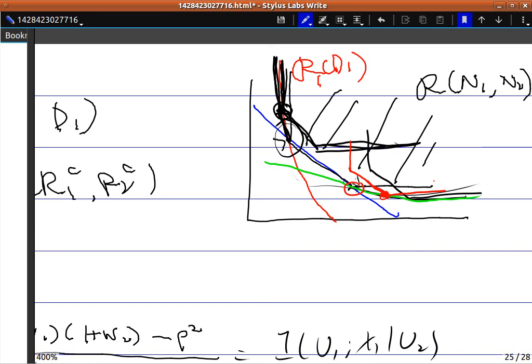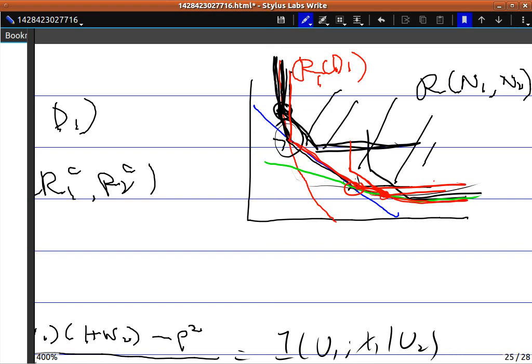And using that, we can show that every point along here can be achievable, and the points between these two are achievable because we start with the M1 and M2 such that this is covered by the Berger-Tung inner bound.